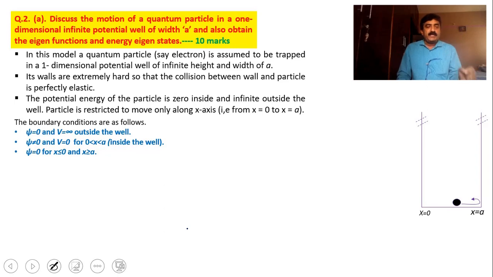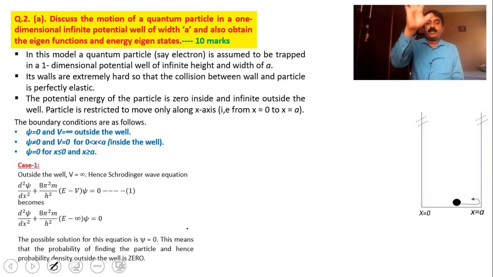Next, sorry, psi is not equal to 0 and V equal to 0 inside the potential well. That is correct. The particle is inside the box, therefore the probability is not equal to 0. And next, psi equal to 0 at x equal to 0, and at x equal to a. Well, I have imposed the boundary conditions.